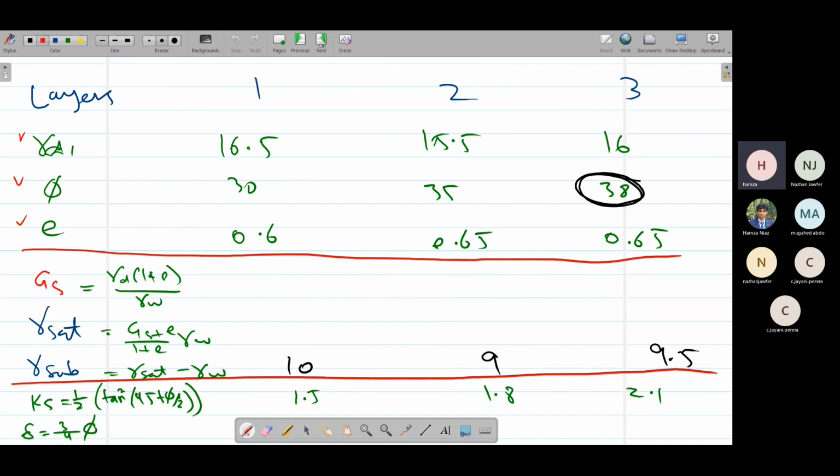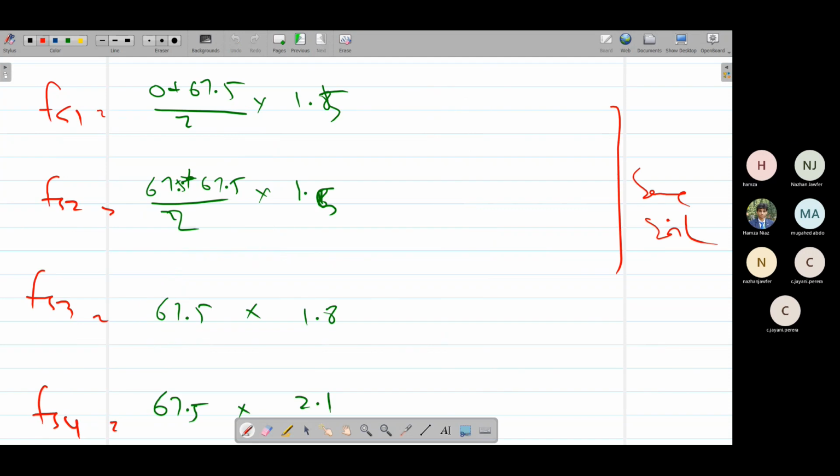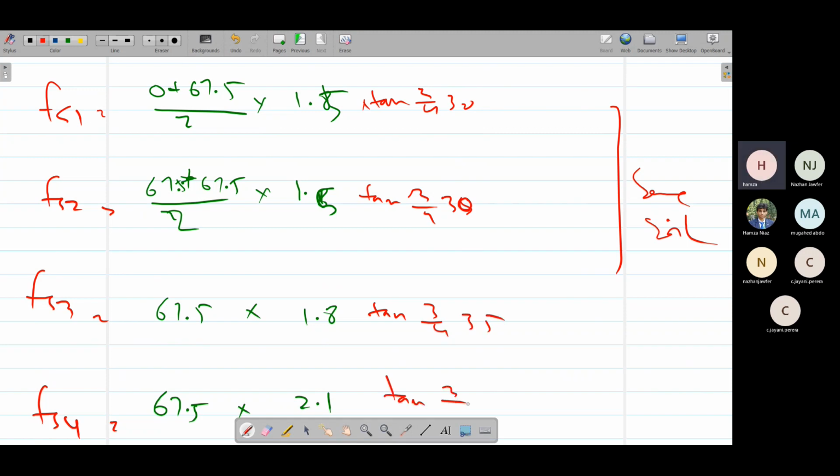The last thing is tan delta, so tan 3 by 4 of 30, tan 3 by 4 of 35, tan 3 by 4 of 38.